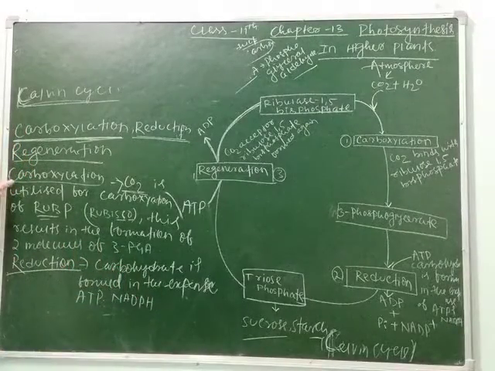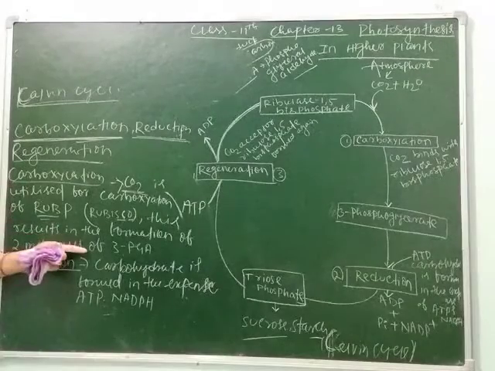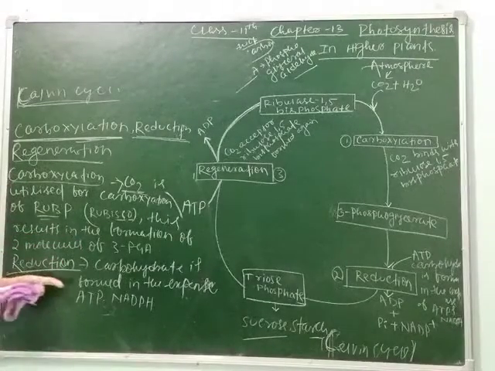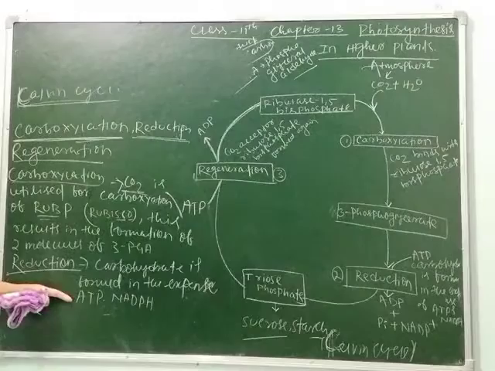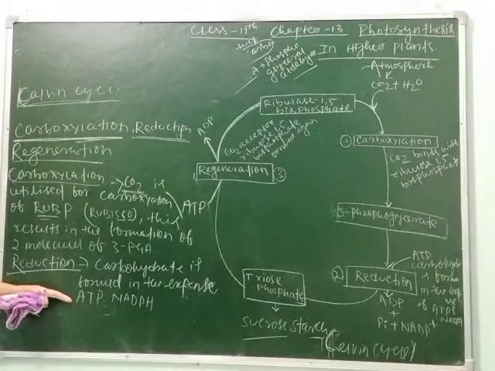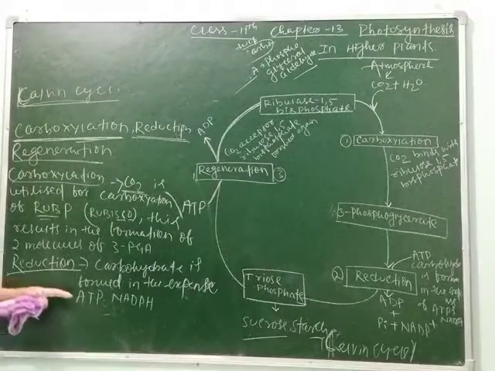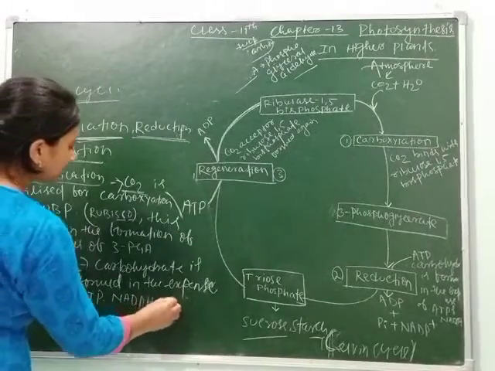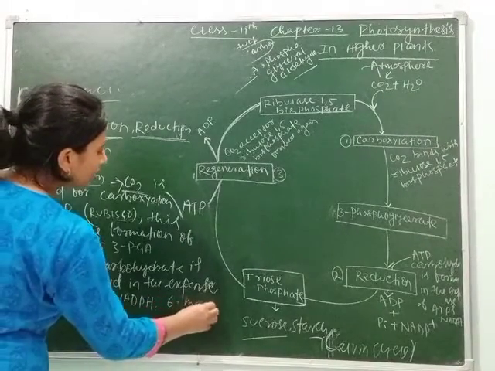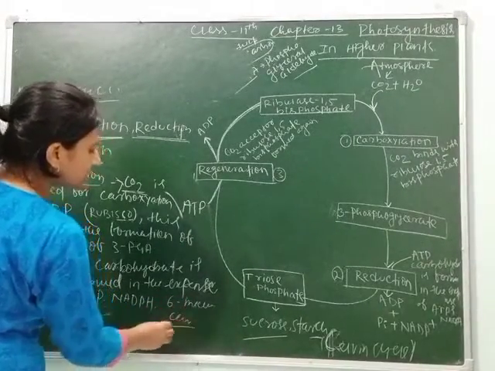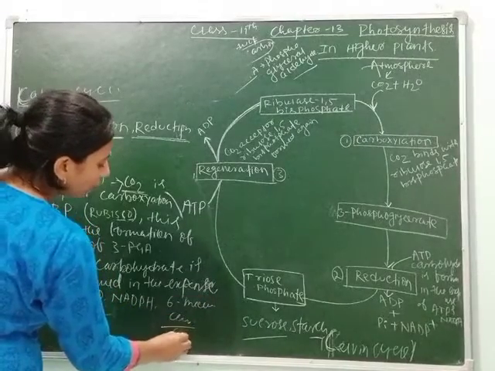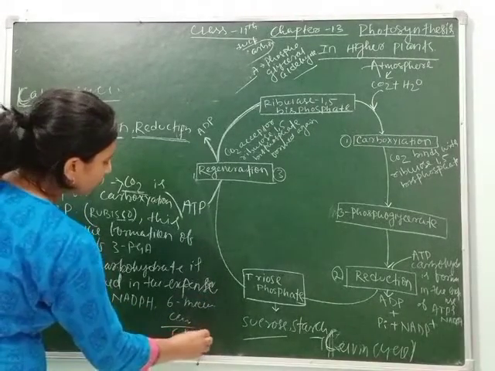So in carboxylation 3-PGA is formed. In reduction ATP and NADPH are used. Clear? And 6 molecules of carbon dioxide are fixed, due to which we get glucose, which is C6H12O6.